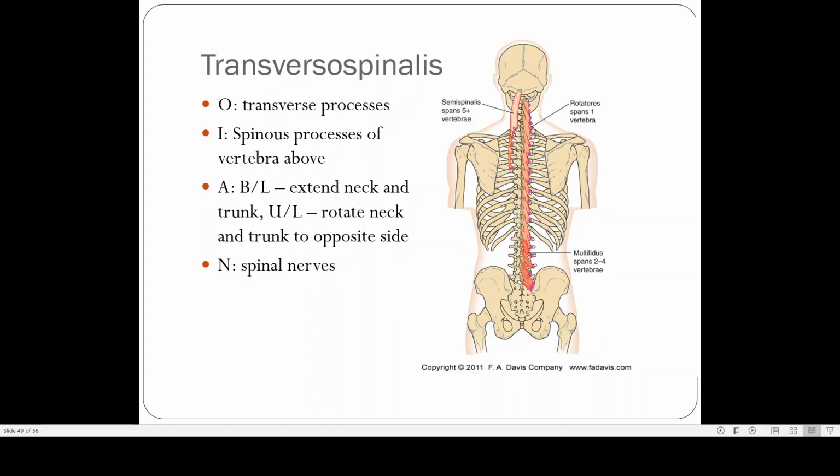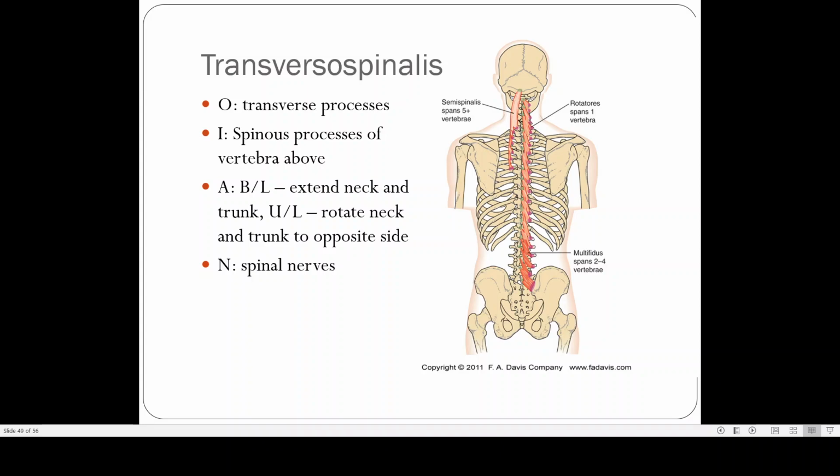Your rotators originate on the transverse process and go up one level to the spinous process, versus your semispinalis, which starts on a transverse process and goes up at least 5, if not more, vertebrae to the spinous process. Your multifidi start on the transverse process and only go 2, 3, or 4 vertebrae above. So the longer the muscle, the different the name.